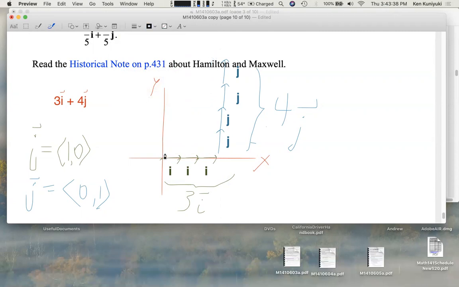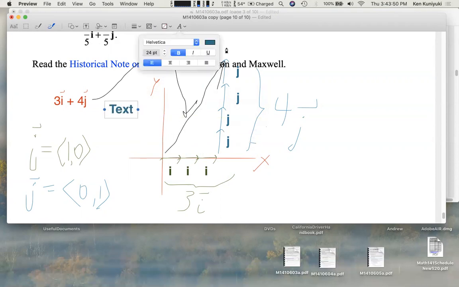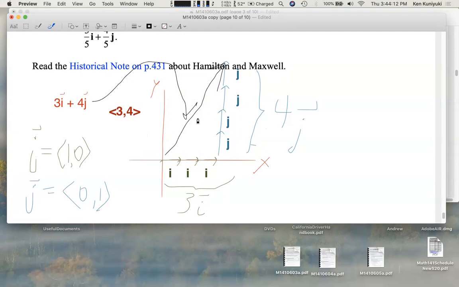Which is this guy here, 3i plus 4j, or angle brackets 3, 4. So that's how a physicist thinks, as an addition of these component vectors. Physicists, I guess, like to think in terms of adding forces or displacements.